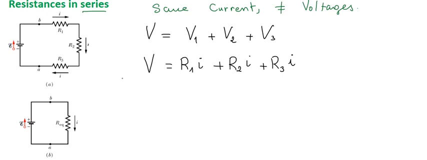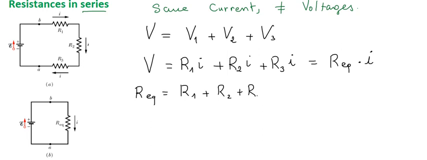If we look at the second circuit, the equivalent circuit, what is V? The voltage across the equivalent resistor is simply R equivalent times I. So from this we can deduce that R equivalent is equal to R1 plus R2 plus R3.